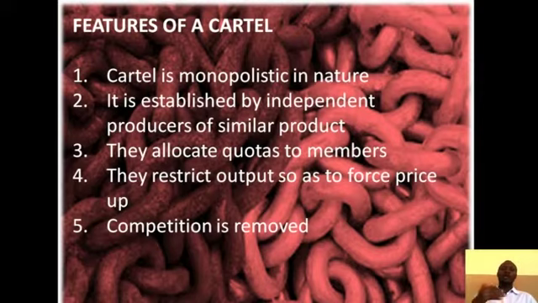They reduce output so as to force price up. Talking about the law of demand and supply, you know what happens there. When there is an increase in price, this can lead to what? A fall in demand. But when there is a reduction in price, this can lead to an increase in demand.